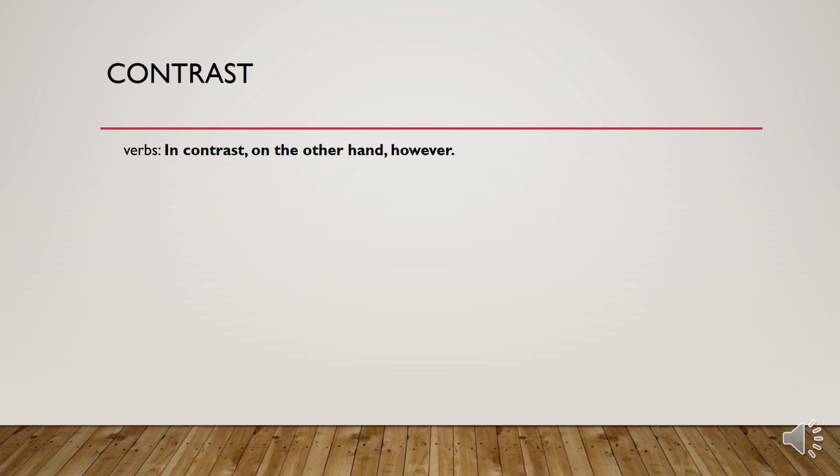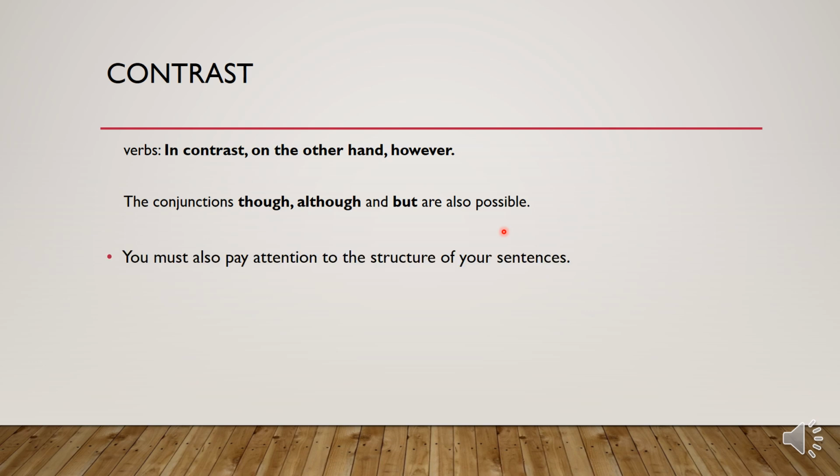So in contrast, we can use expressions like in contrast, on the other hand, however. The conjunctions though, although, and but are also possible. You must also pay attention to the structure of your sentences, of course.